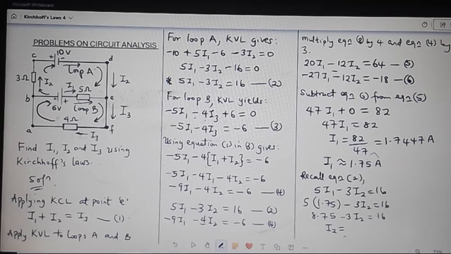And that gives us 7.25. So we have 7.25 divided by minus 3 to get I2. So say minus 7.25 divided by 3 will give us minus 2.42 ampere approximately.